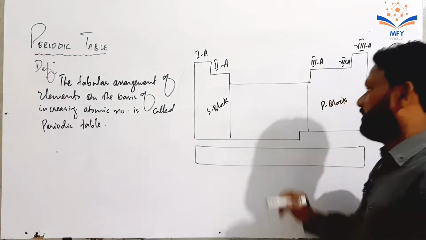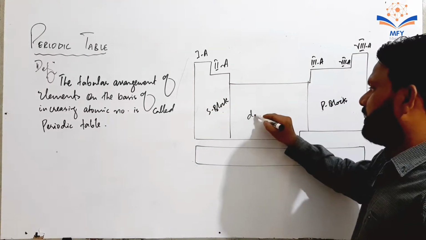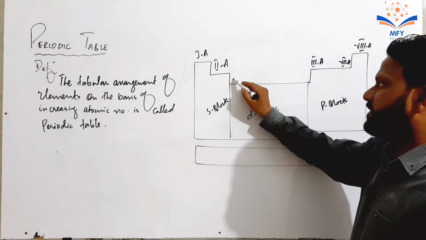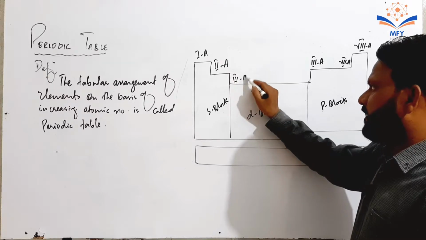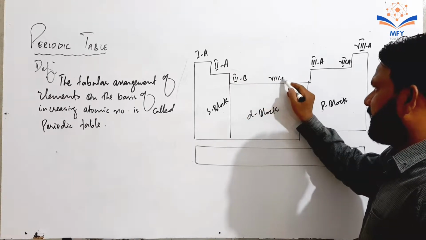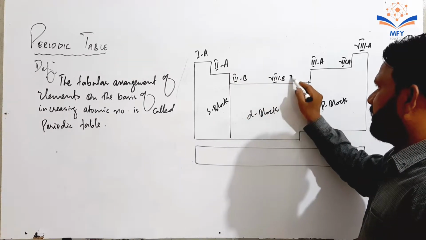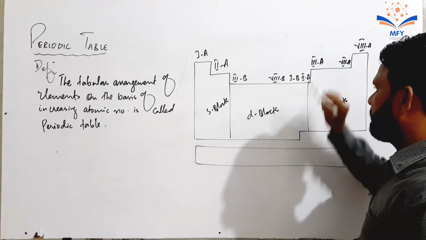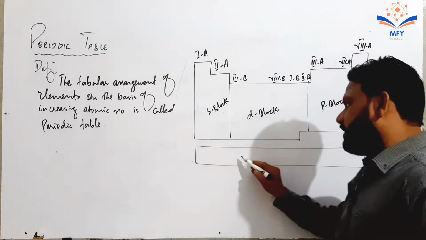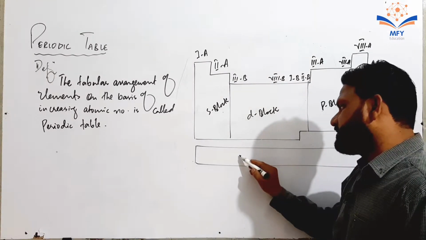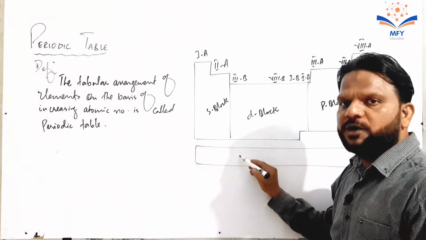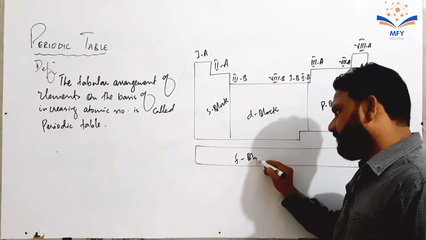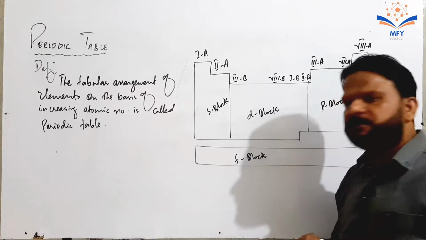Now, the metal elements are called D block elements, which start from 3B to 8B, then 1B and 2B. The other elements, called the lanthanide and actinide series, belong to the F block elements.